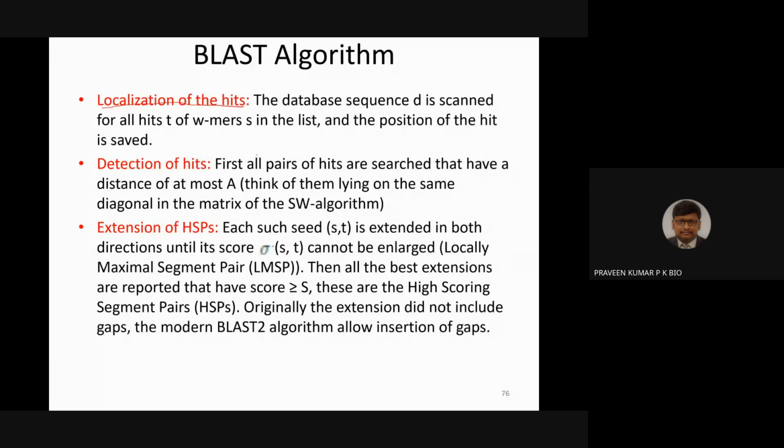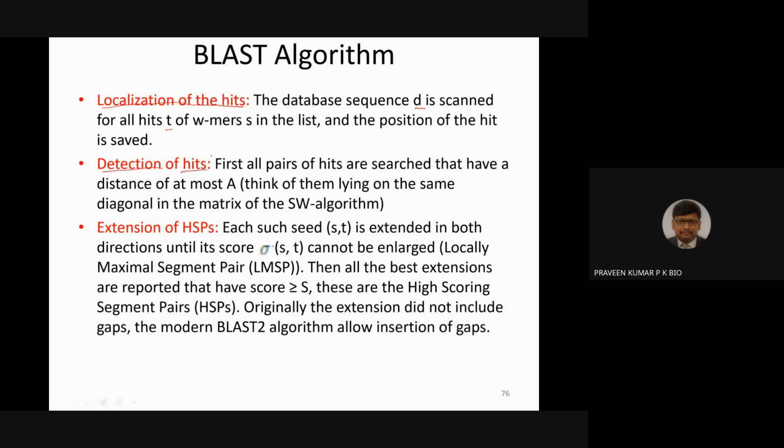According to this, the database sequence D is scanned for all hits T. You take only one sequence at a time. Whatever T of W matches S in the list, the position of the hit is the same. So initially go for localization of the hits, and the second step is detection of hits.